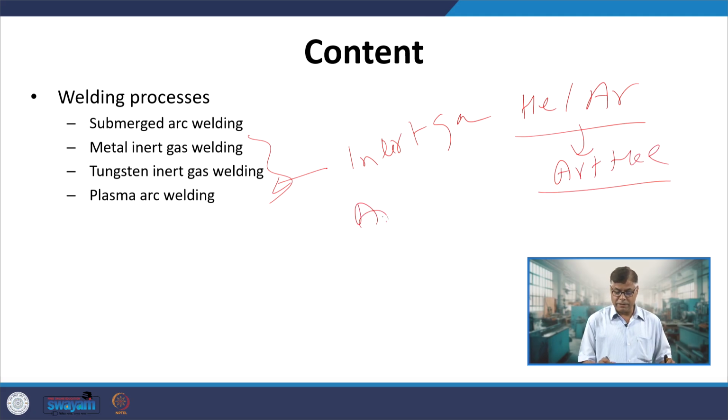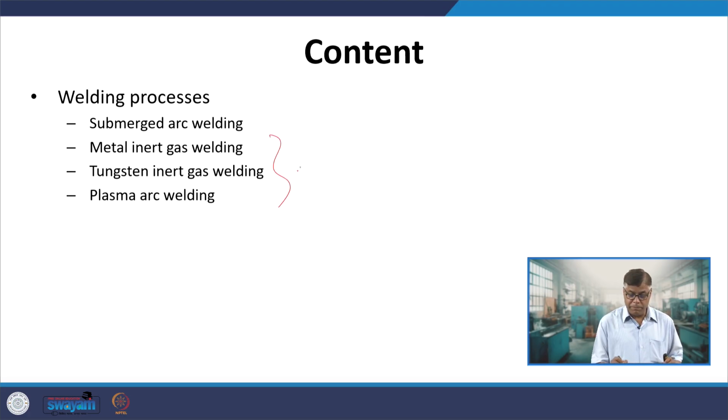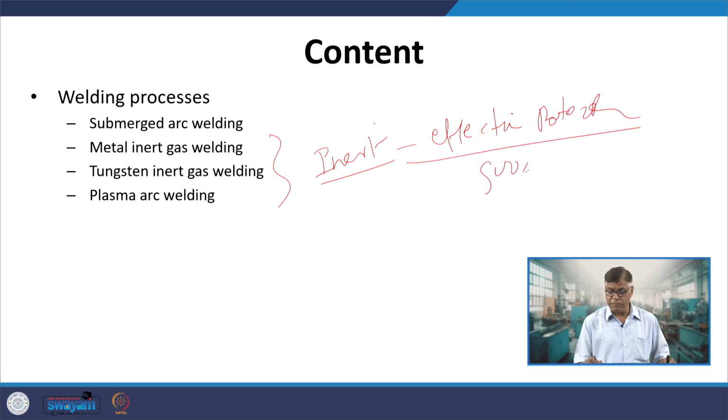Sometimes argon can be mixed with other gases, like hydrogen or oxygen, for achieving a specific set of properties associated with the shielding gases. But when we purely use the inert gas, then this provides very effective protection against the atmospheric gases. So, that is why they provide very good quality weld.